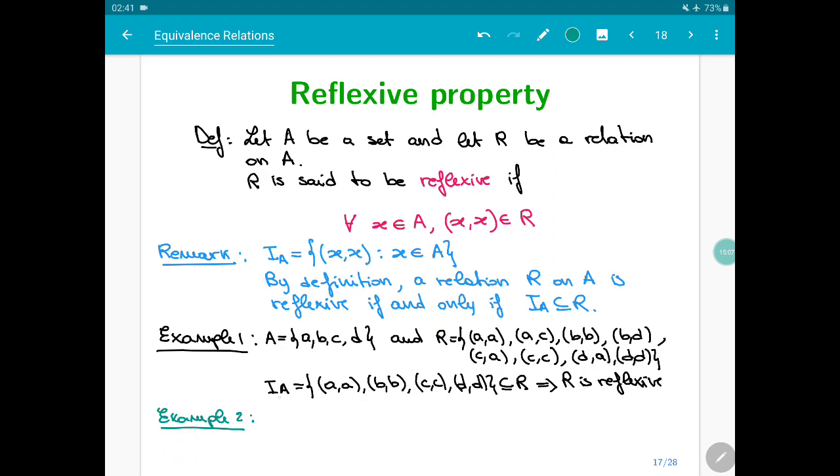So in example 2, we are going to take A to be equal to the set of real numbers. And now we define our relation in this way for x and y in R. We say that x is in relation with y if and only if x is less than or equal to y.